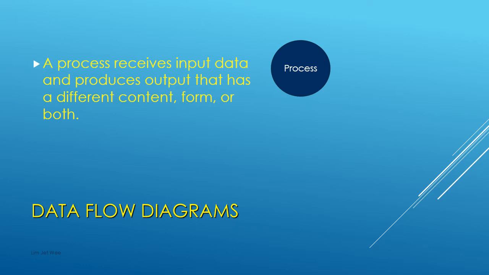And it's going to be very weird if you have a process that only produces output without any input. Okay, but at the same time, if you have a process that receives input and output, but the input and output are actually the same, then this process doesn't do anything as well.